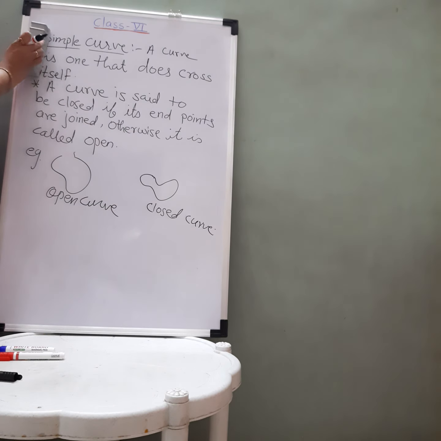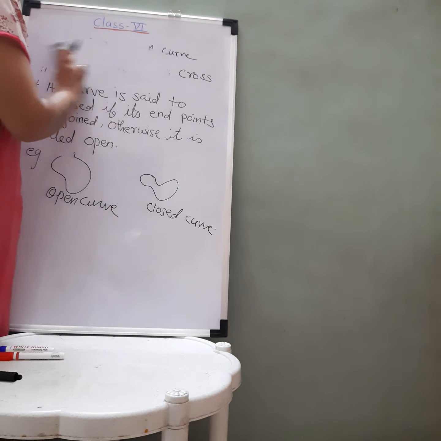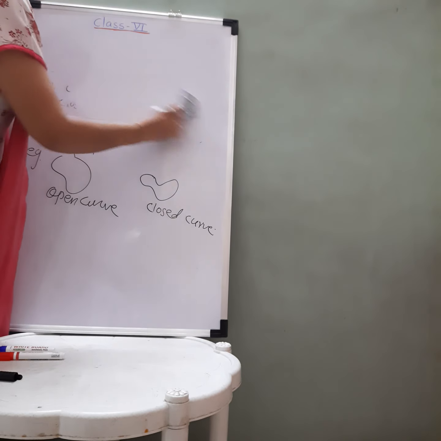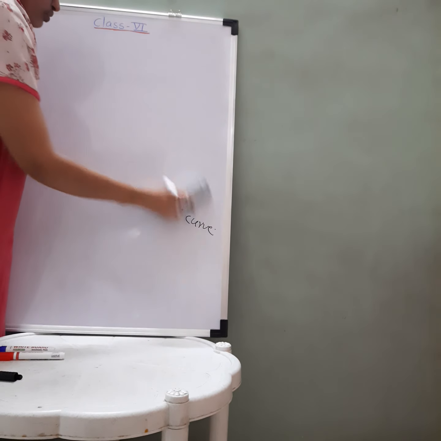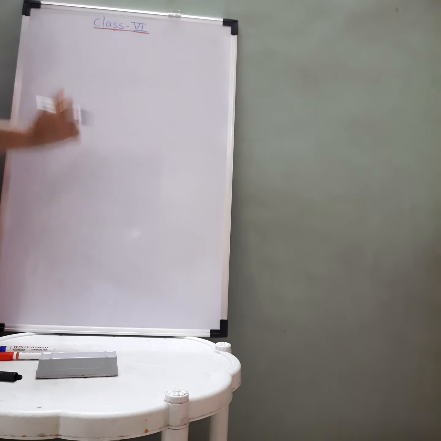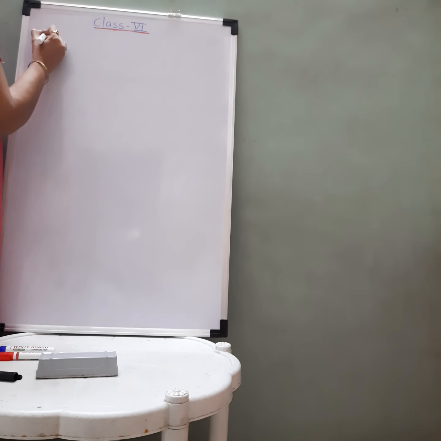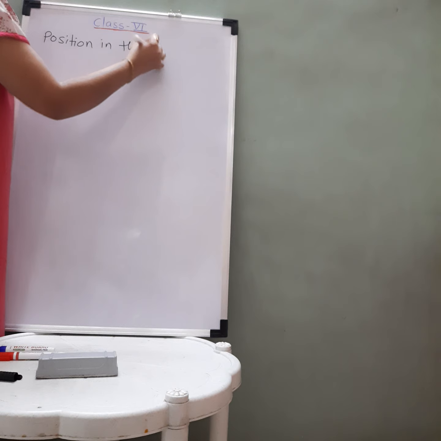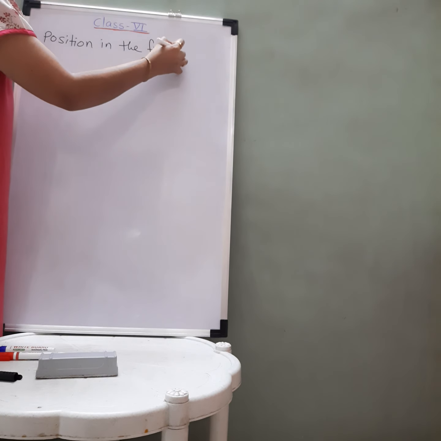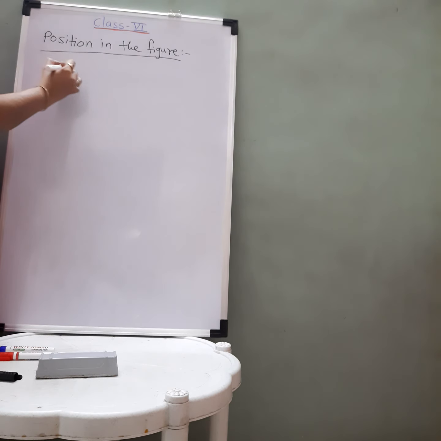Now, the next subheading is position in the figure. If I draw a figure like this, then this plane is divided into three parts.